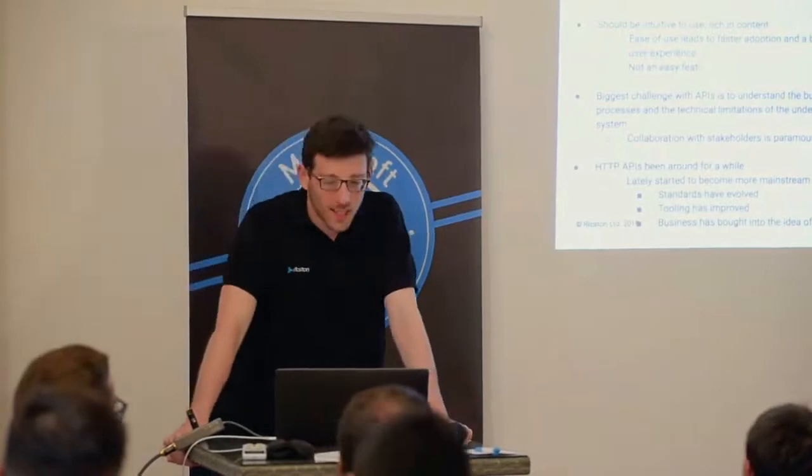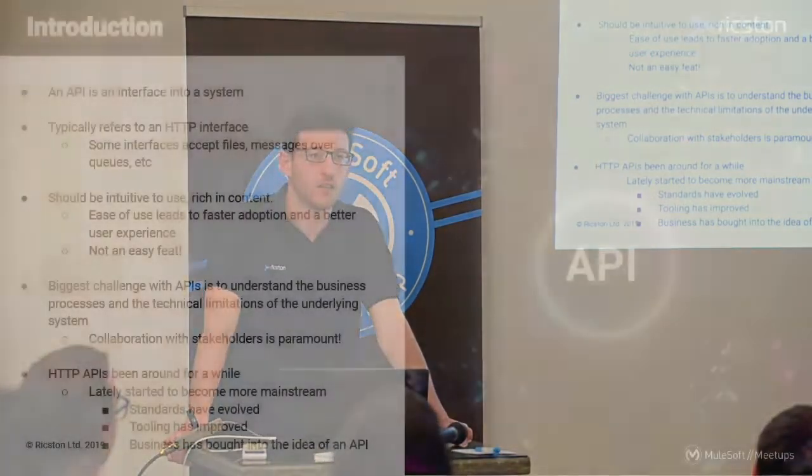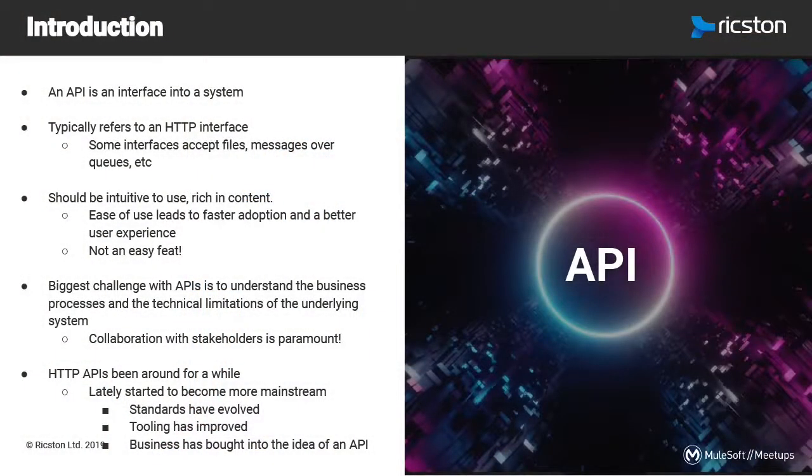All right, so an API, for those of you who are unaware, is effectively an interface into a system. Now, to the developers amongst us, when we hear API, typically we think of those interfaces which are exposed over protocols such as HTTP or HTTPS, for example.